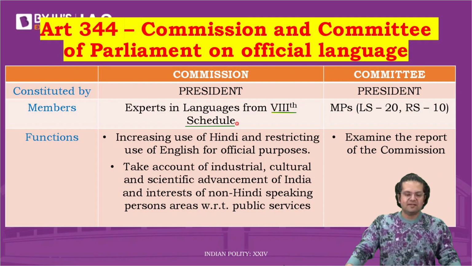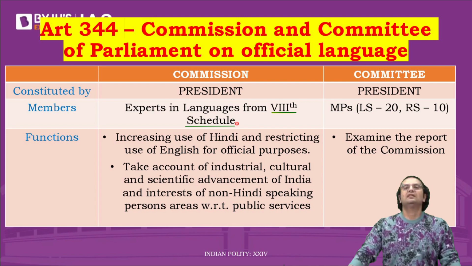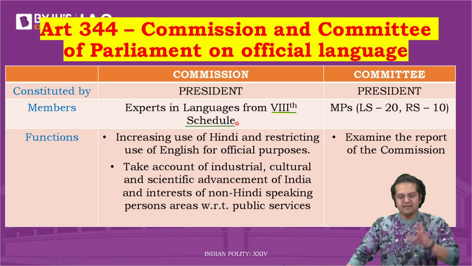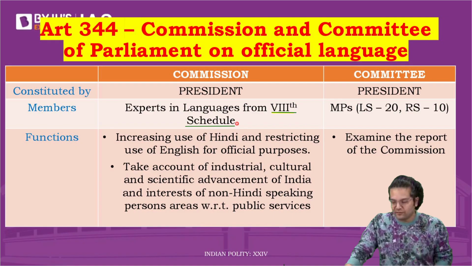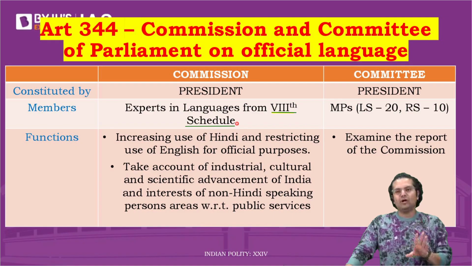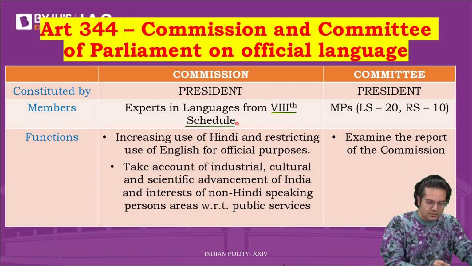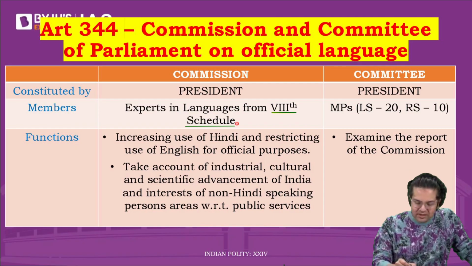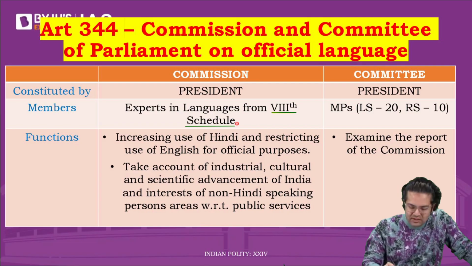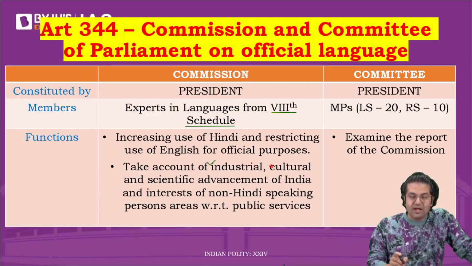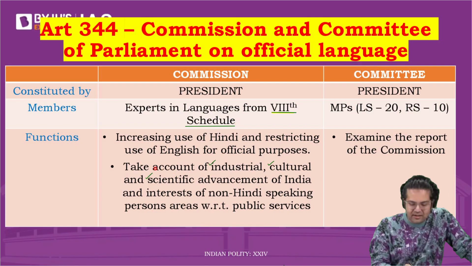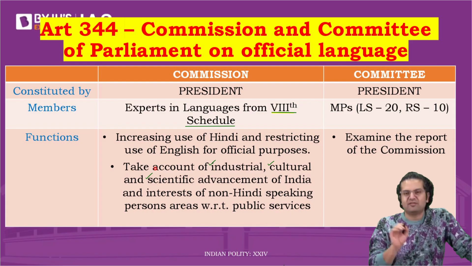Their task is to increase the use of Hindi and decrease the use of English. Now, when you give suggestions how to increase the use of Hindi, please do not give suggestions which can hamper the country's industrial growth, cultural growth, scientific growth, and it should not violate the interest of non-Hindi speaking persons.